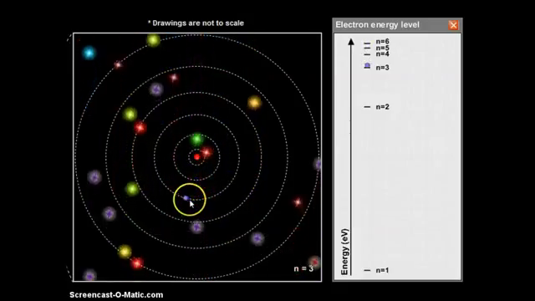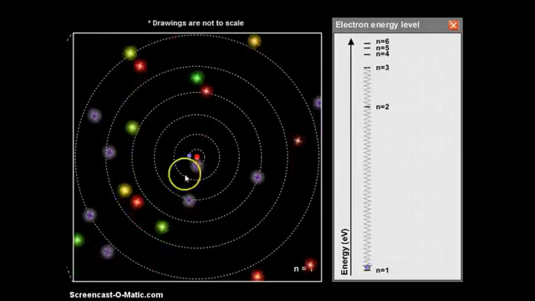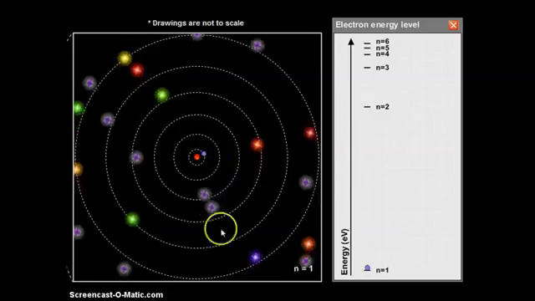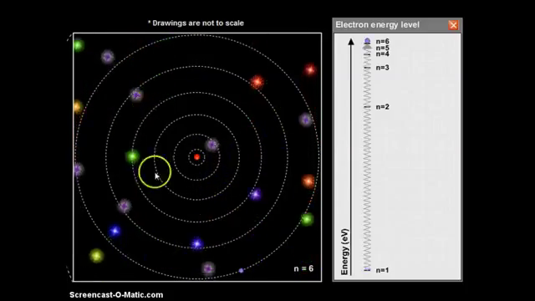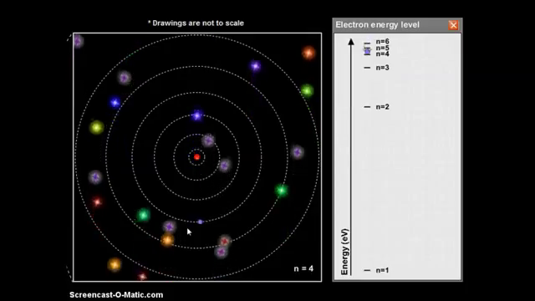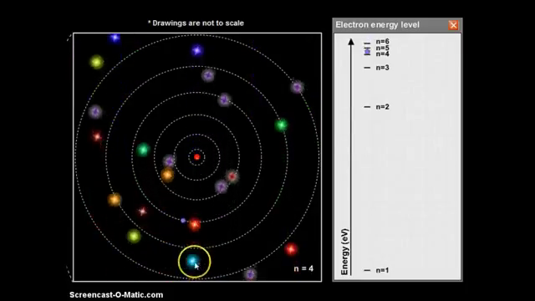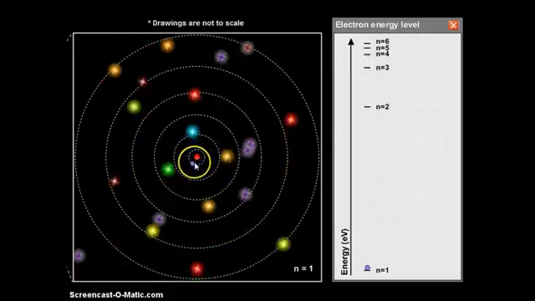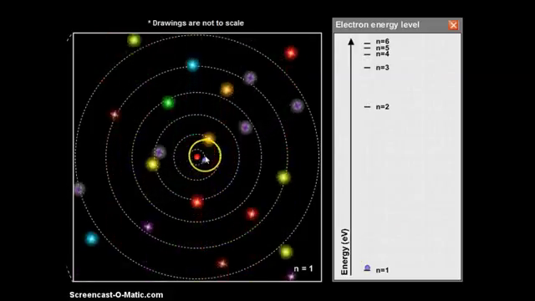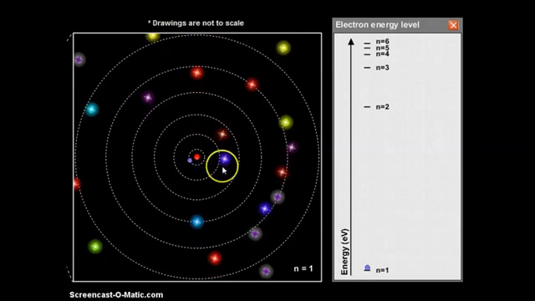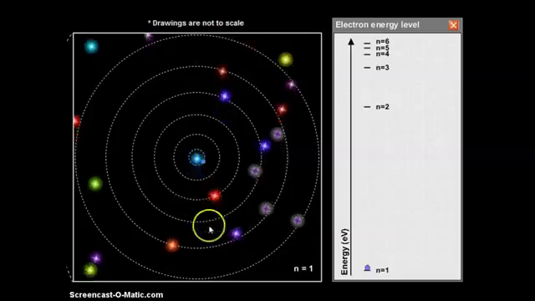So let's try to explain what's happening here. After it falls, we see that it's on energy level 1, and these particles flying by here are just light or some type of electromagnetic radiation that carries some amount of energy. And so there is a particular distance that these electrons can go, mapped out by these orbits or energy levels.